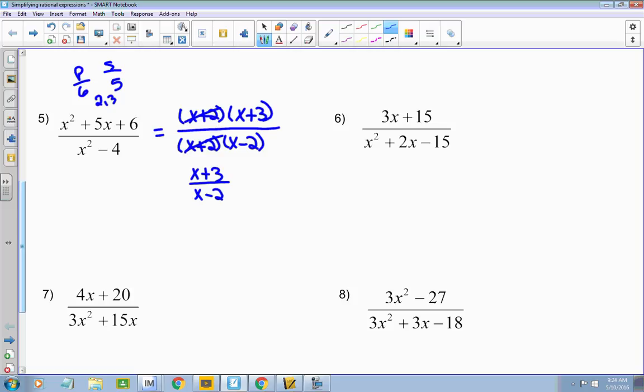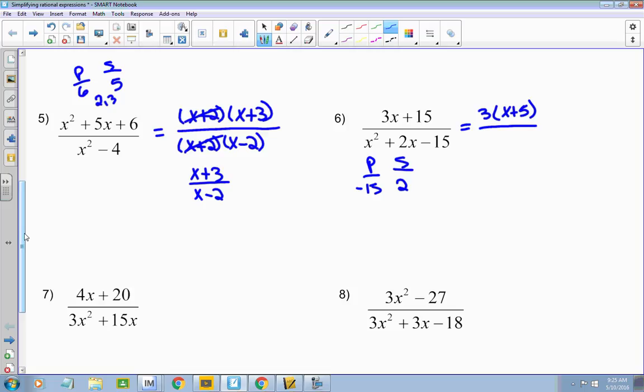Okay. All right. What about this guy? Can I do anything on the top? Factor out a 3, which leaves me with x plus 5. Okay. Now at the bottom, it's a trinomial, right? Coefficient of 1. So I'm going to do product and sum. What's my product? Negative 15. What's my sum? 2.